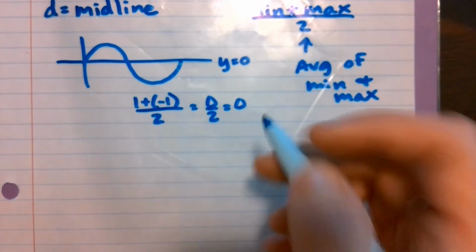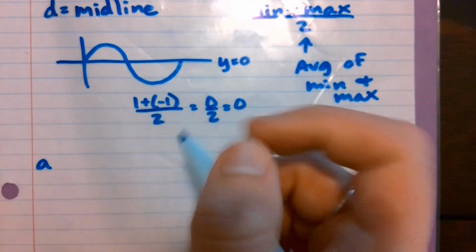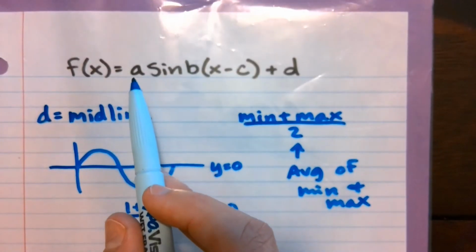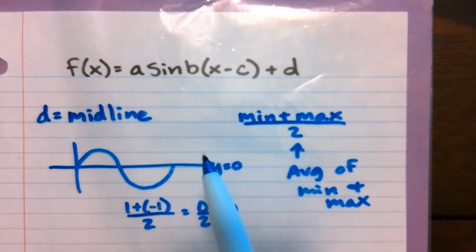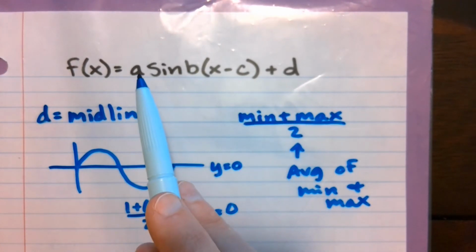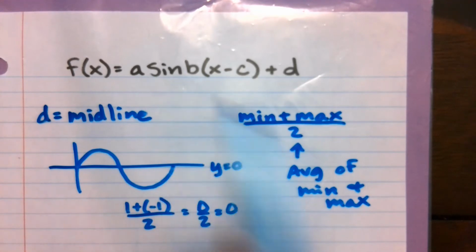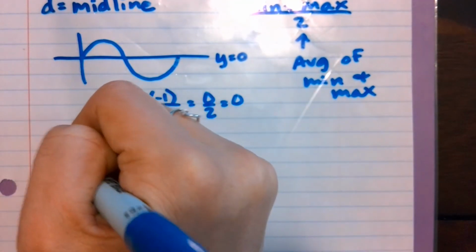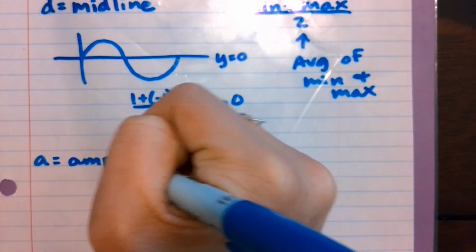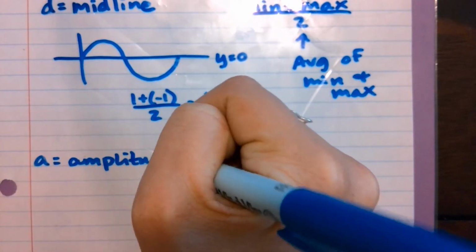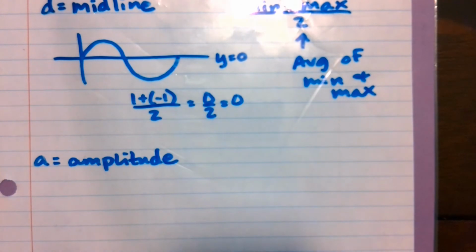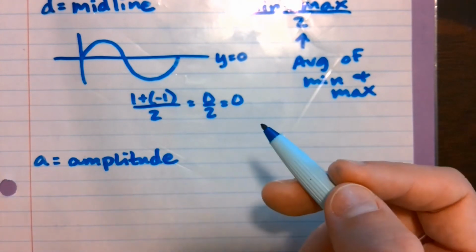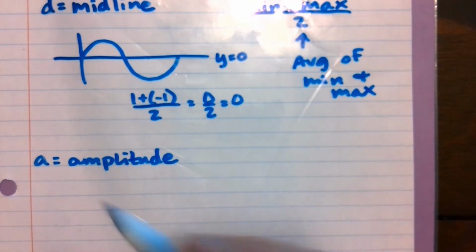Next, we're going to talk about a. So this is that number out front that we're multiplying the whole function by. In other functions that we've dealt with, this is that number that makes it steeper or less steep, and it's really going to do the same thing, but we're going to treat it a little differently. It is called the amplitude. And this is the distance from the midline to the max or the midline to the min.